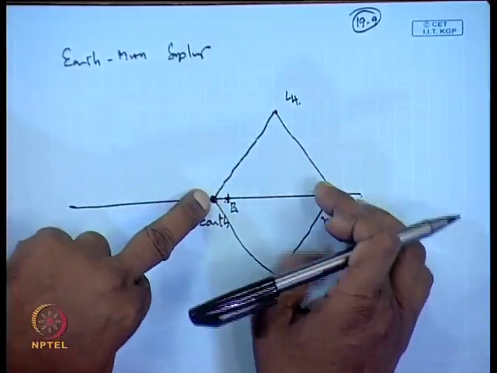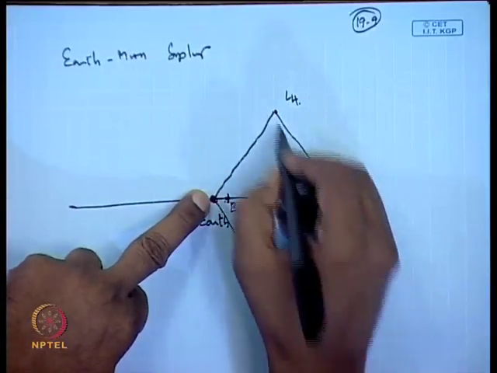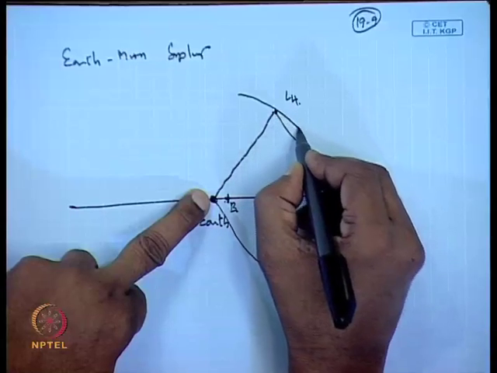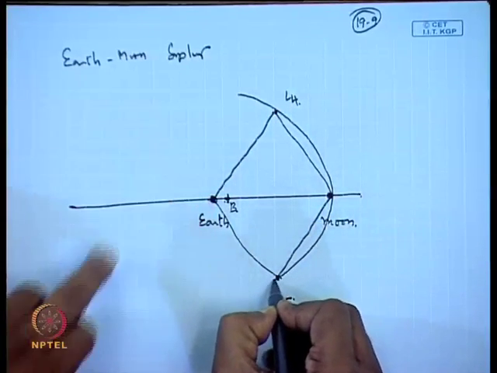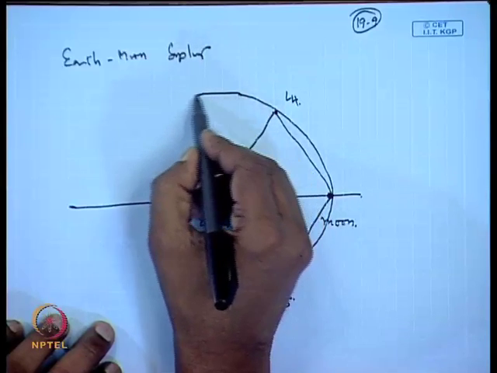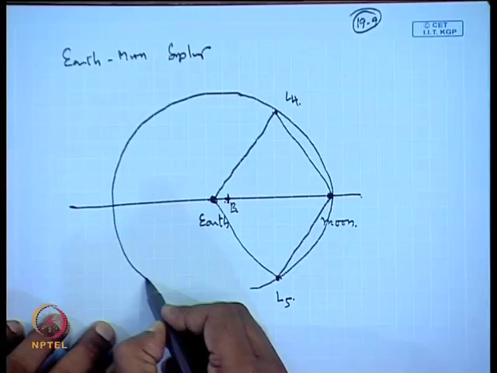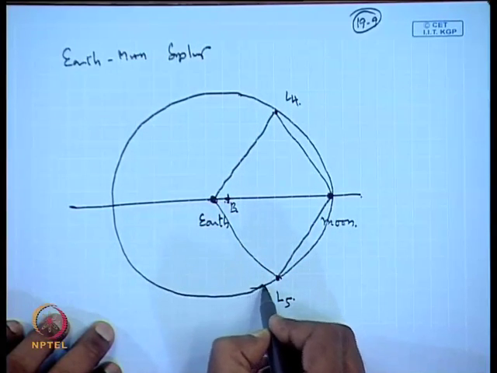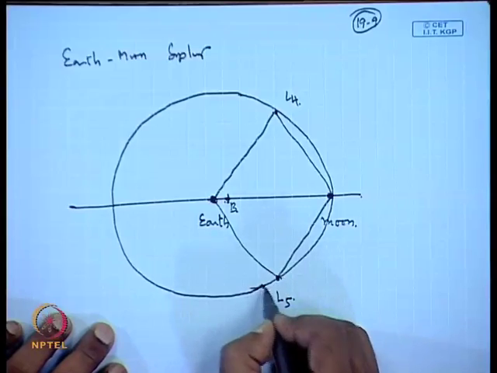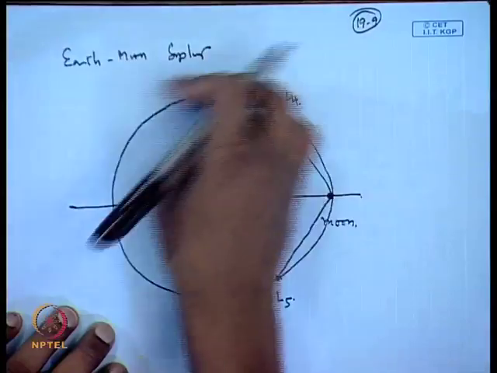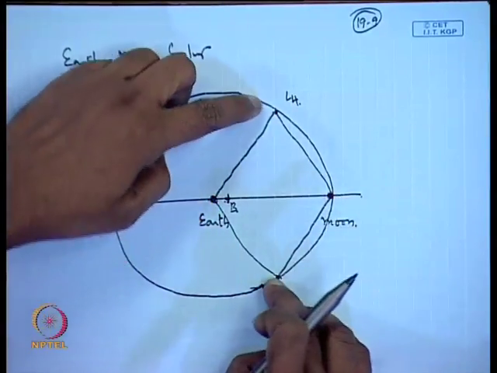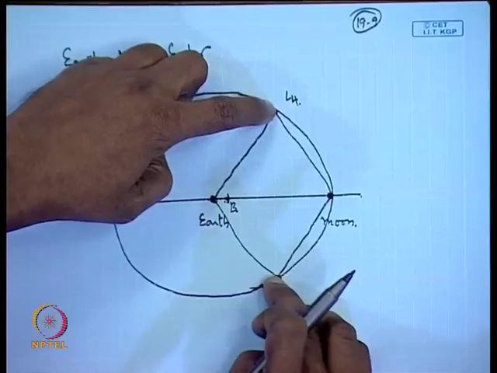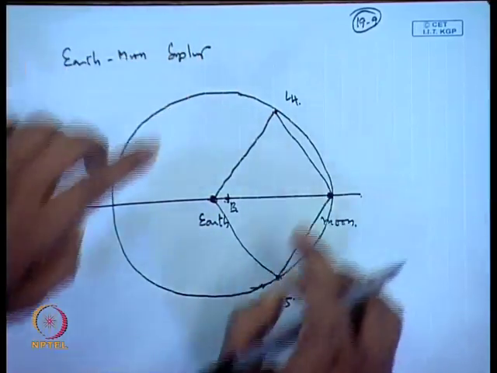So, the moon motion appears, with respect to earth, to lie on a circle. As the moon moves on the circle, you will see that the Lagrange points L4 and L5 will also keep lying on this circle.